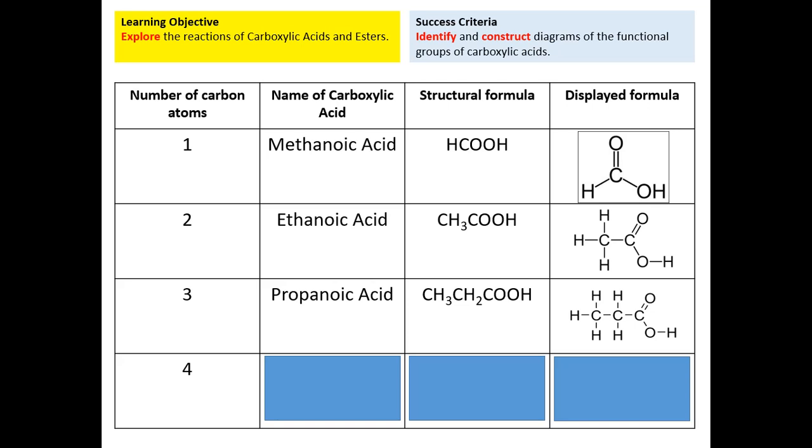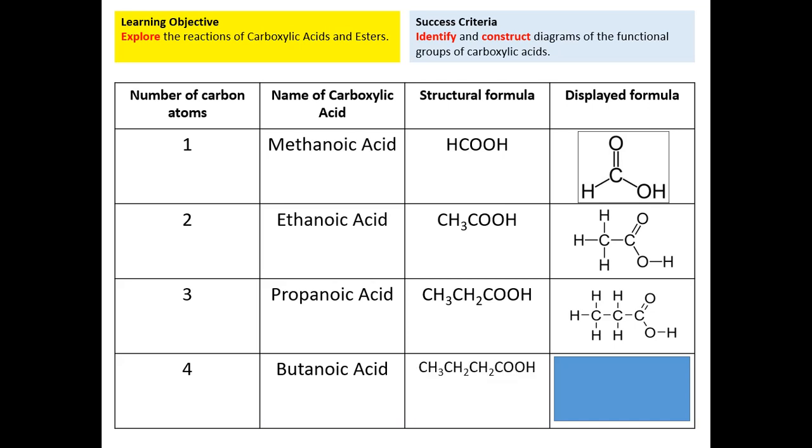filled up with hydrogens. So lastly then, the one that we've not talked about, so we can see most elephants prefer bananas, which make it butanoic acid. So it's very, very similar. Now, the structural formula, all we do every time is we add a CH2 to the middle. So we've got CH3, CH2, CH2, and then COOH.